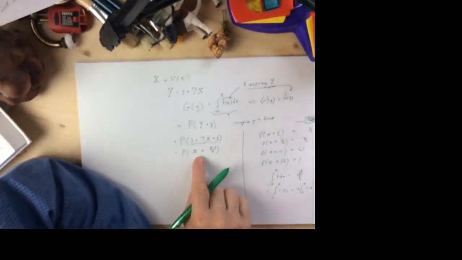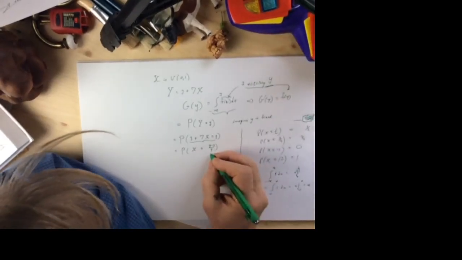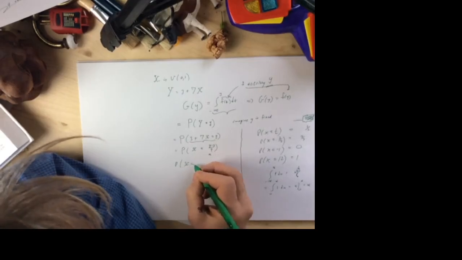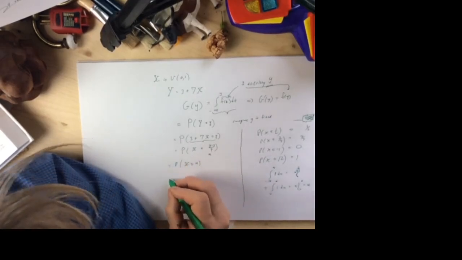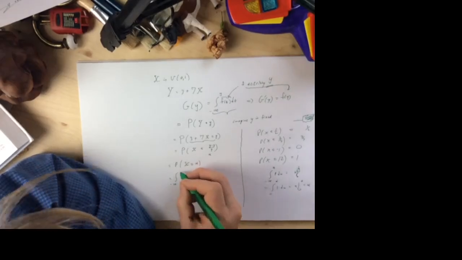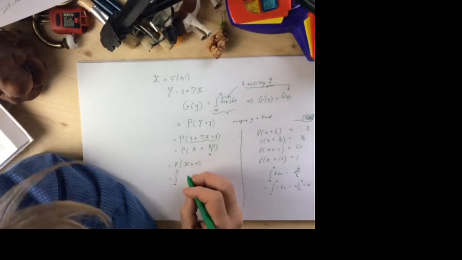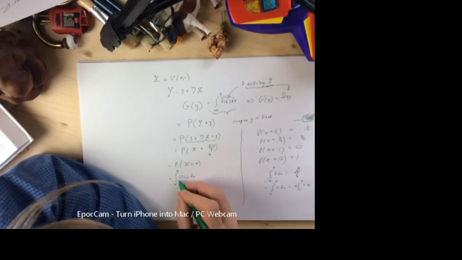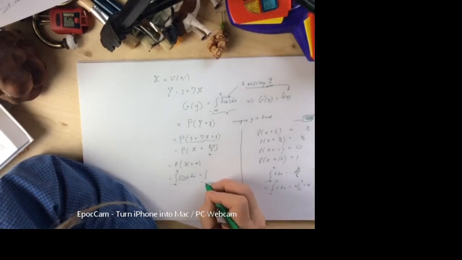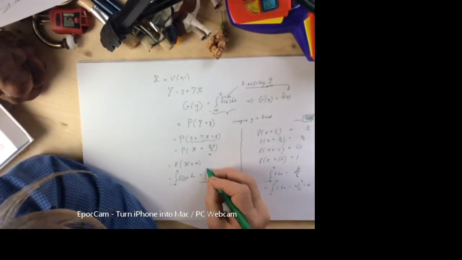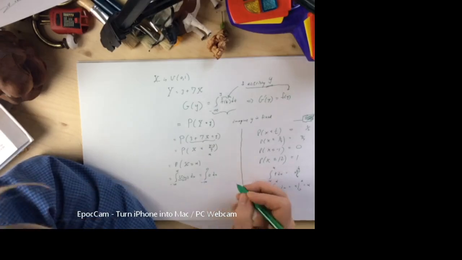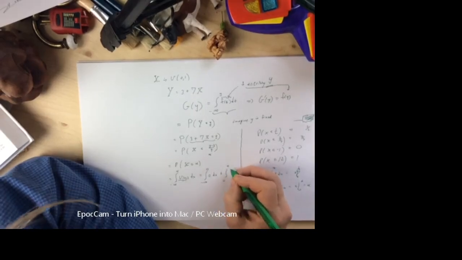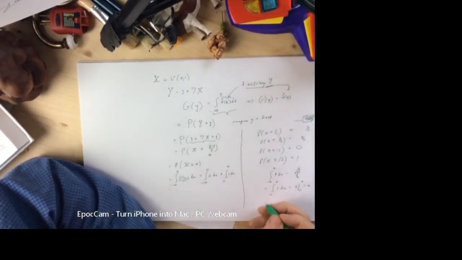So let's go over here and call this alpha. So the probability that x is less than or equal to some alpha is the integral from minus infinity to alpha of the uniform distribution 0, 1 dx. And this function is 0 to the left of 0, plus it's the integral of 1 up to there.